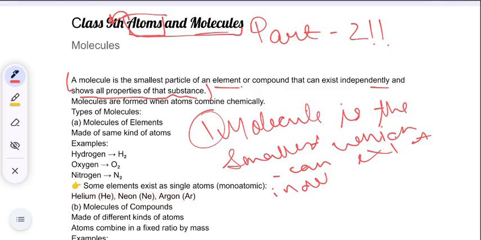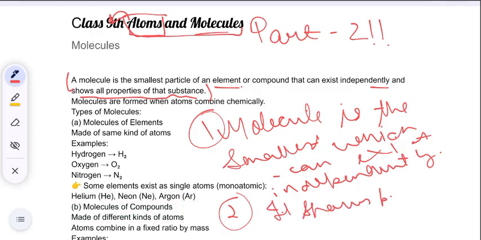Independently, okay, understood. Now the second point is that it shows property of that substance. So let's say if we're talking about hydrogen molecule, let's say oxygen molecule, that oxygen molecule will show the property of oxygen gas, okay.